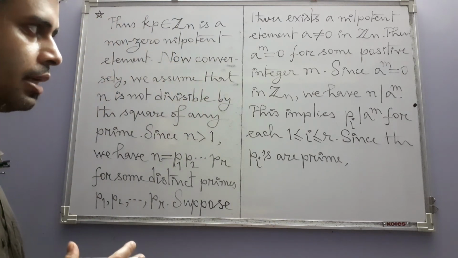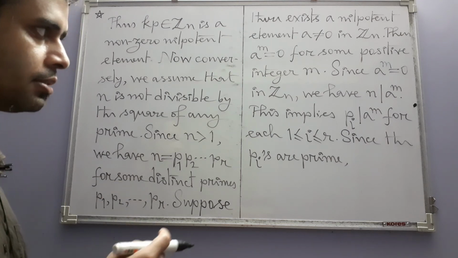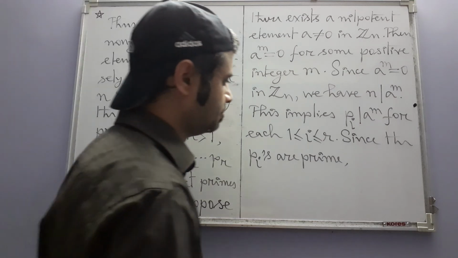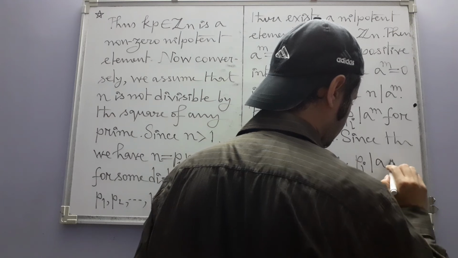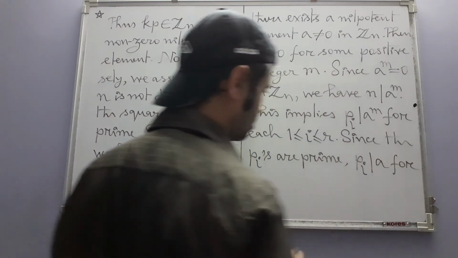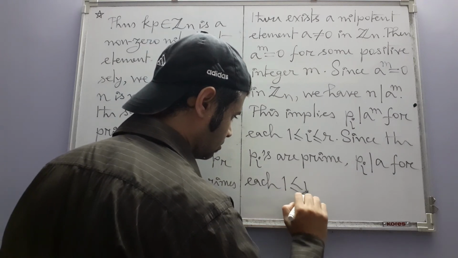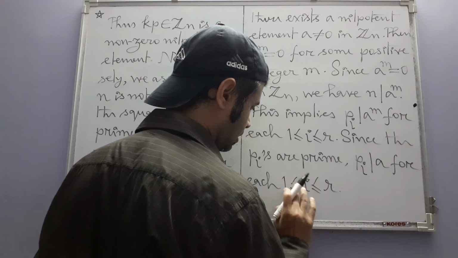And the property that we are using here is of course that one which states that if a prime divides a product of some integers, then it has to divide at least one of them, for each i lying between 1 and r.